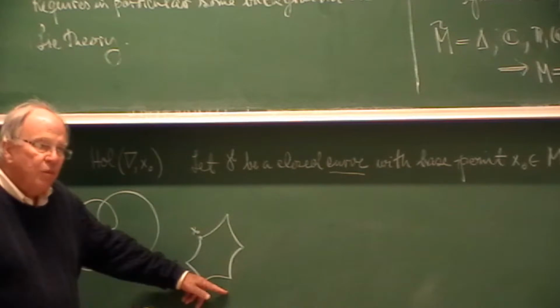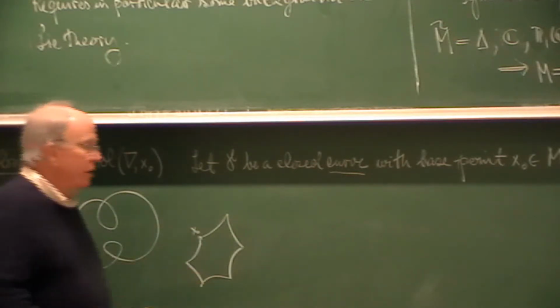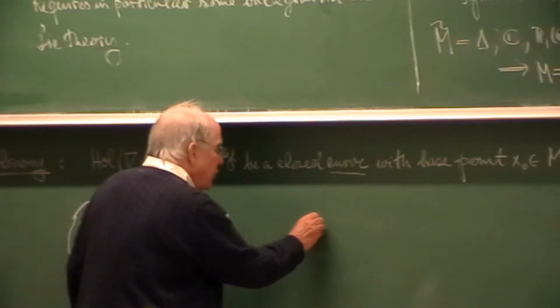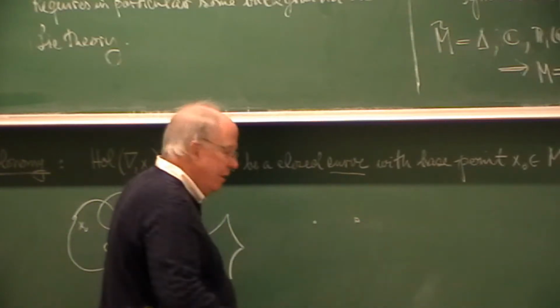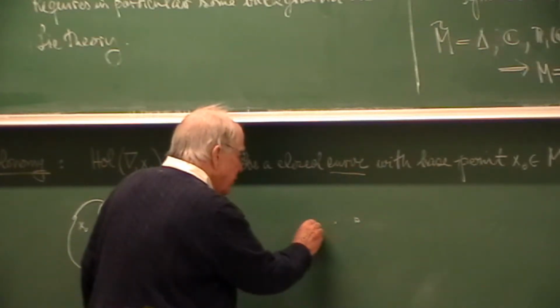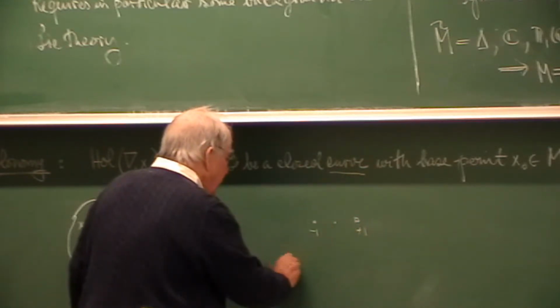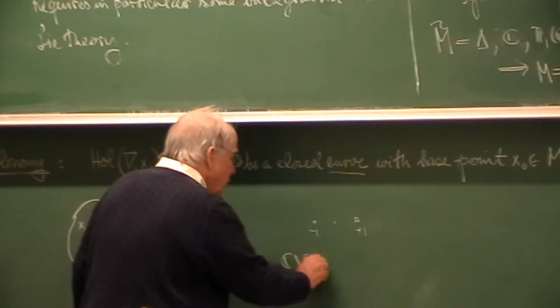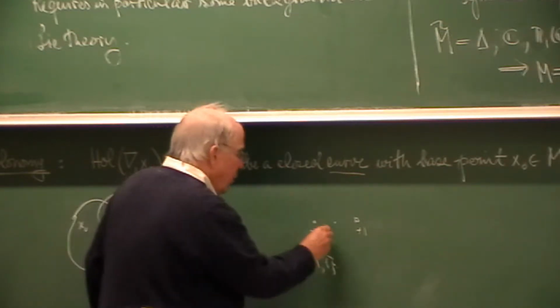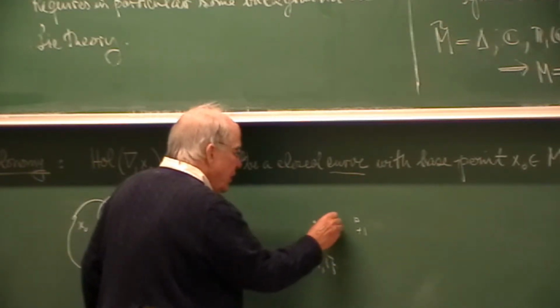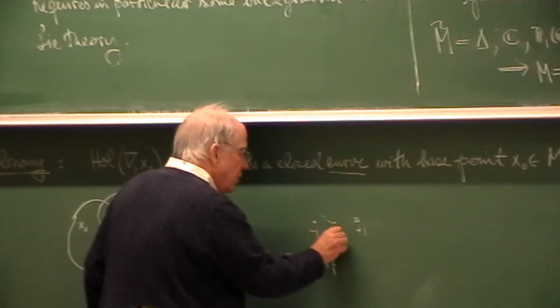You've done this in homotopy theory, right? For example, if you're computing the homotopy groups of the plane minus 2 points, here's -1 and here's +1. Here's the base point, x0.